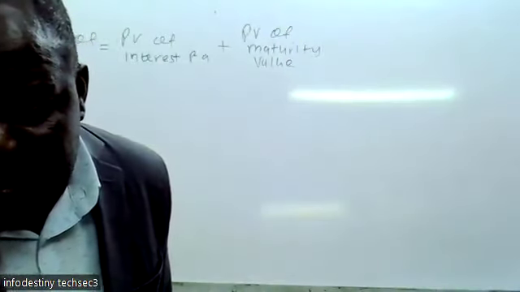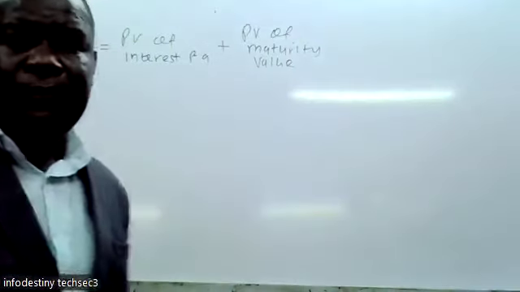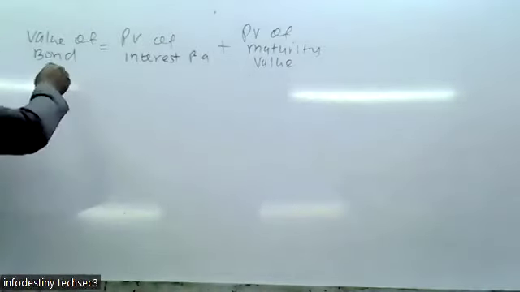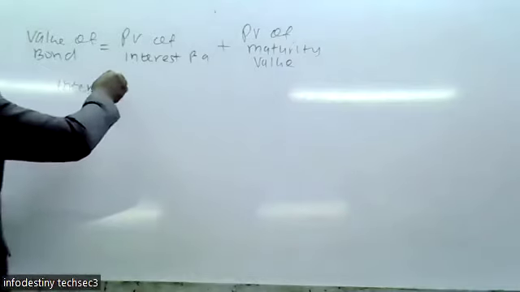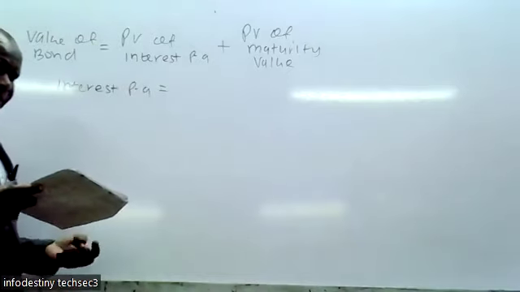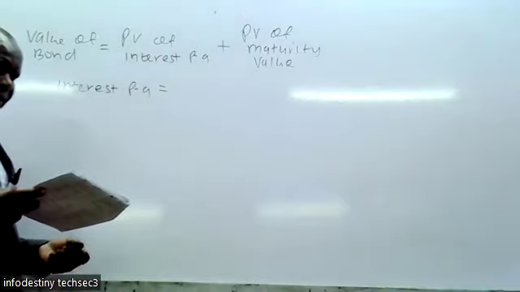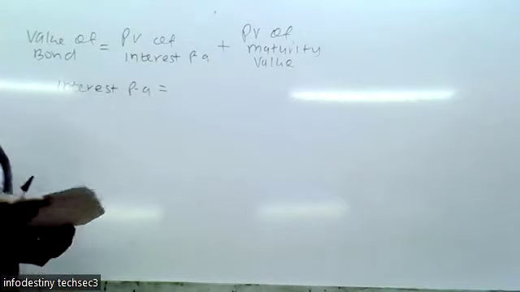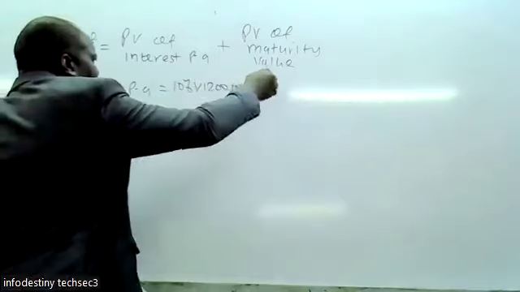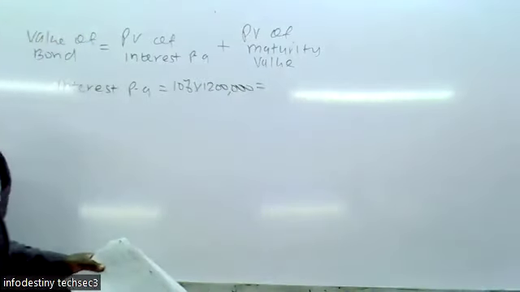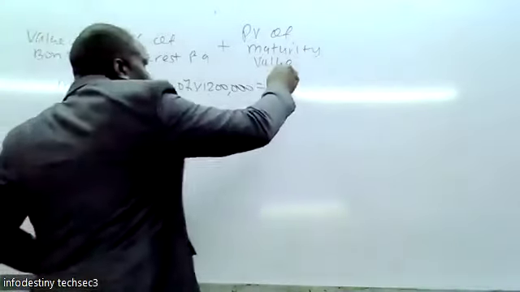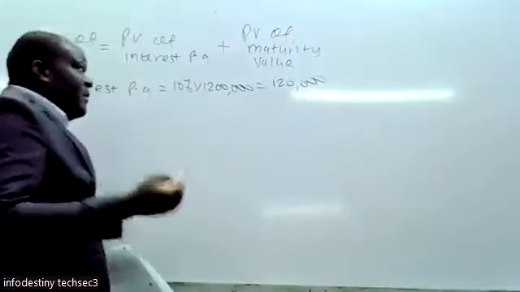Interest per annum: the interest rate is 10%, so get 10% of the 1.2 million. It's 120,000.